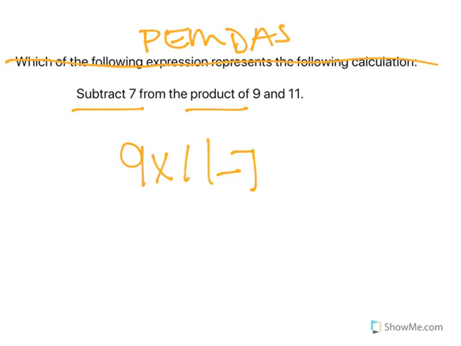So the way that we have it written here is fine, because with order of operations, it has us doing our multiplication before subtraction, because that's what they want, for us to subtract 7 after we've multiplied 9 by 11. Now, if you chose to add the parentheses, that is still fine. However, we did not need to, because multiplication needs to be done before subtraction anyway.